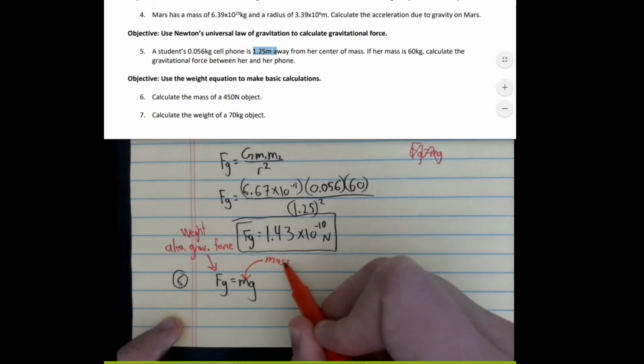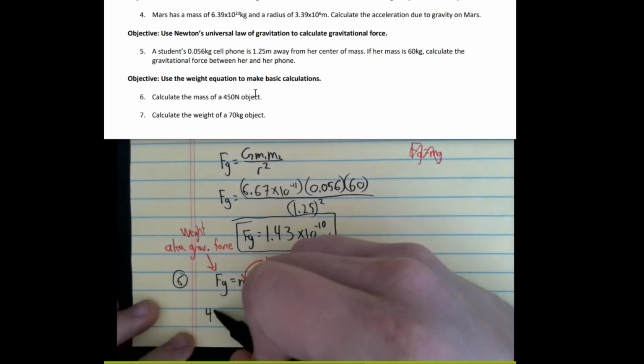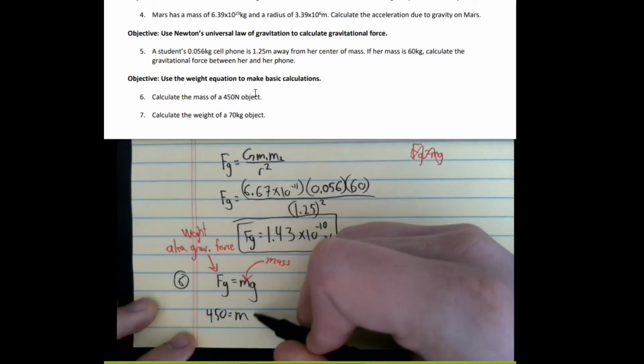Don't mix those two up. Number six says calculate the mass of a 450 newton object. They're describing the weight. 450 newtons, they're saying it like they say pounds. Calculate the mass of a 450 pound object. Same thing here. We're just using newtons as the unit for weight. So it's 450 equals m times 9.8.